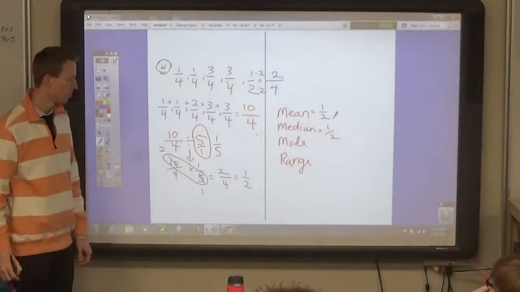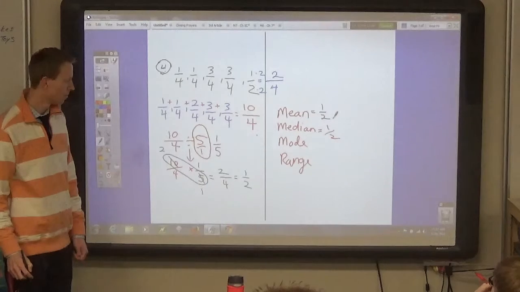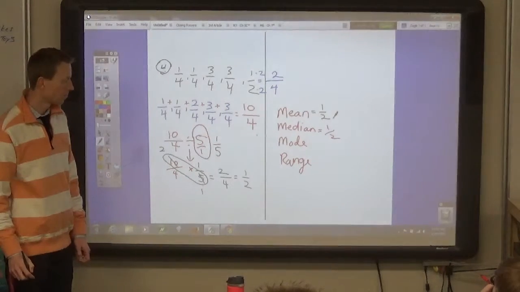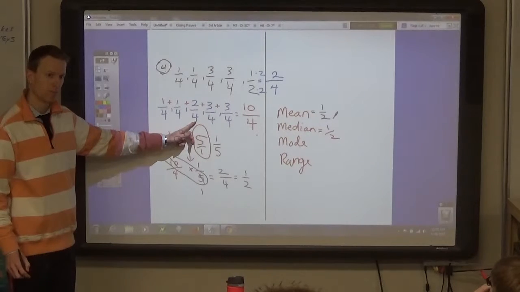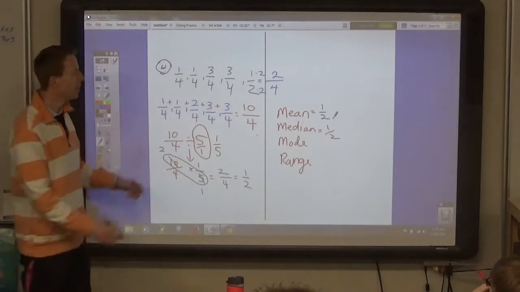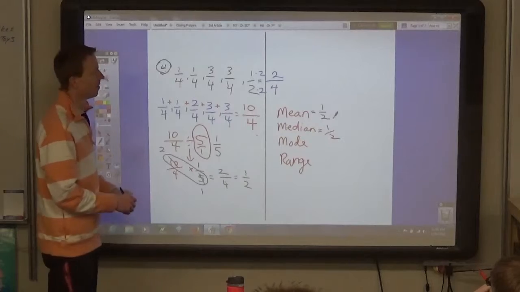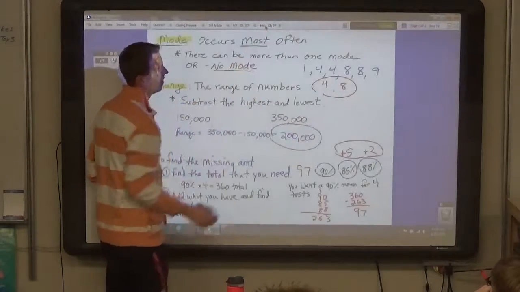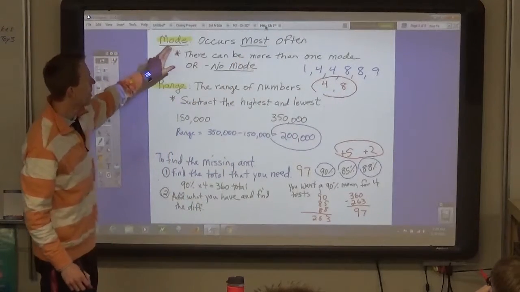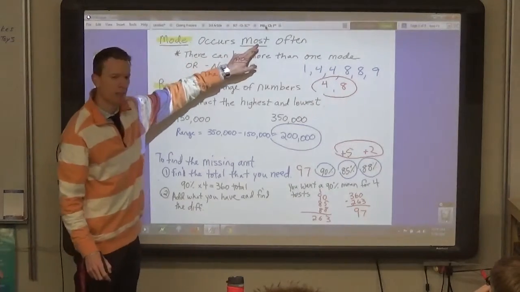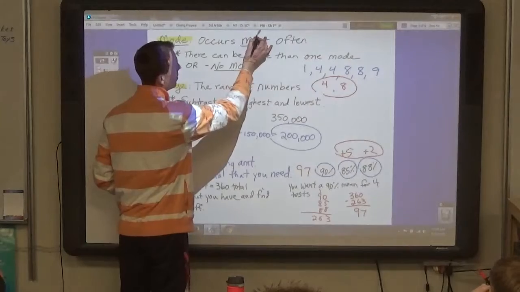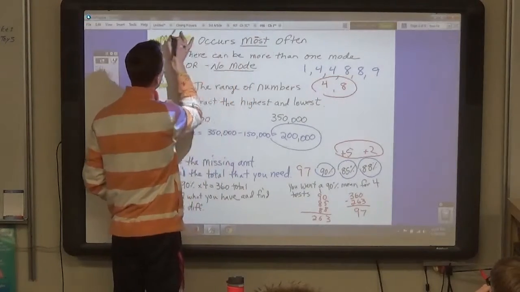Yes? How is 2/4 or 1/2 the median? It's the middle value. Oh, that's the middle. You see, I was getting it mixed up with the one that occurs the most. Oh yeah, that one's easy to remember because mode and most got the same sound. All right, that long sound.